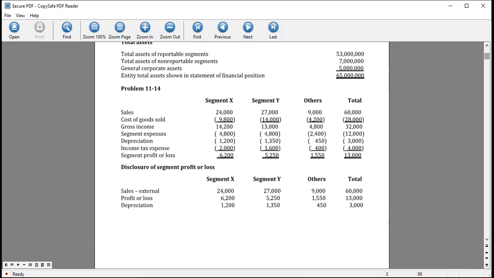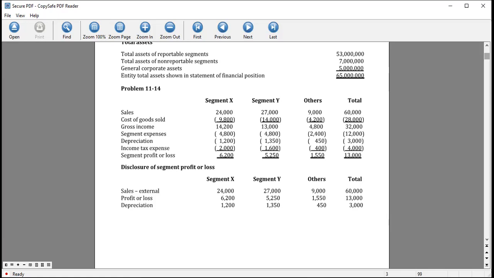Now stated, the entity has two major reportable segments, X and Y. An analysis reveals that 1 million of the total depreciation expense and 2 million of the expenses are related to general corporate entities. So we have now the depreciation. We are going to deduct 1 million, and the expenses we are going to deduct 2 million.